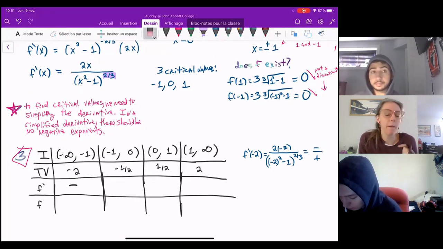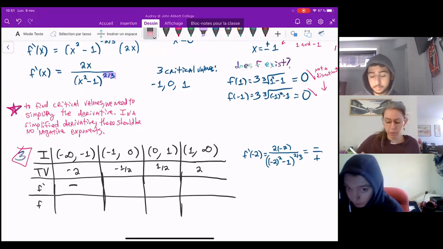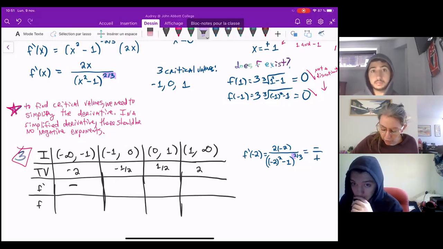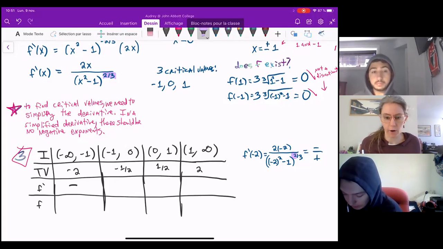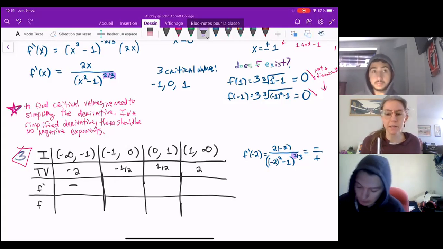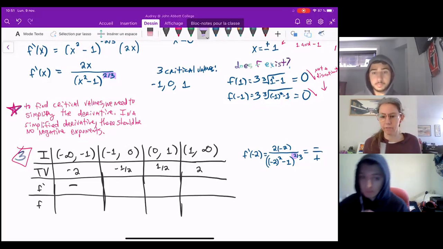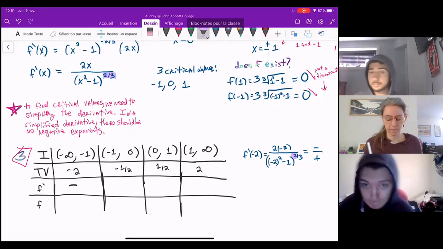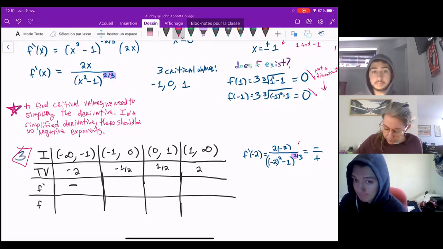Now, a thing that might be helpful to think about here is that this 2 on the top here is saying that the denominator is being squared. And if something is being squared, is it ever negative? No. So that 2 means the denominator is always positive.